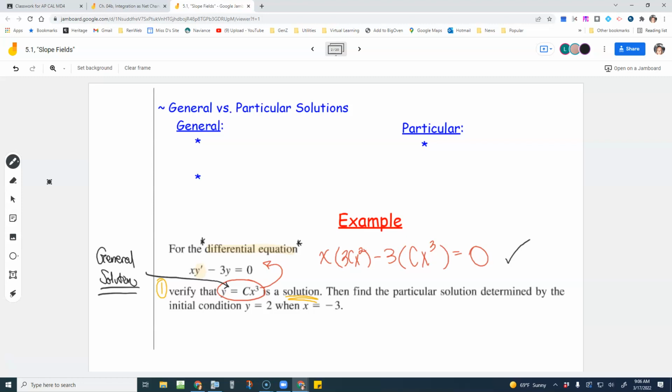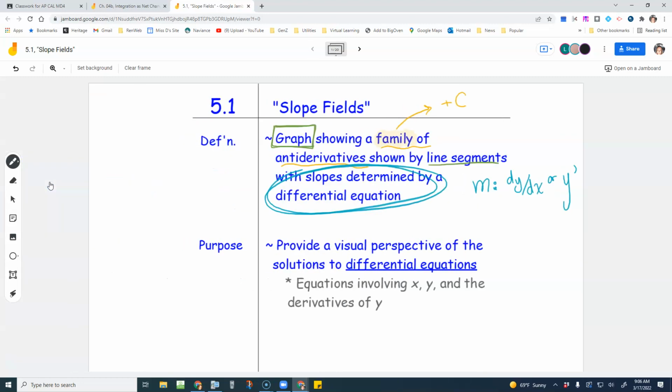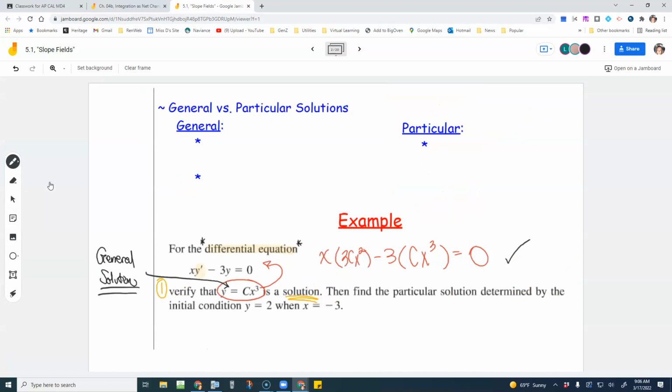Just a y. Oh, what's the relationship between a y prime and a y? What is the y in context of the y prime? So therefore, what is the general solution? The general solution is an equation of the antiderivative.